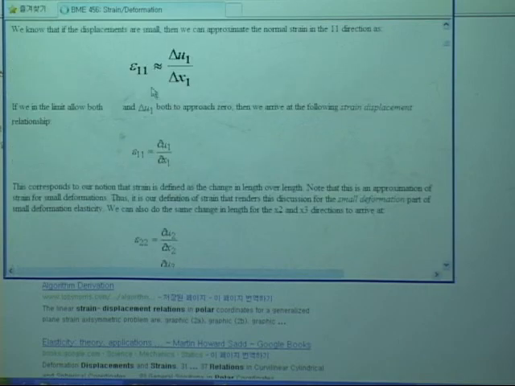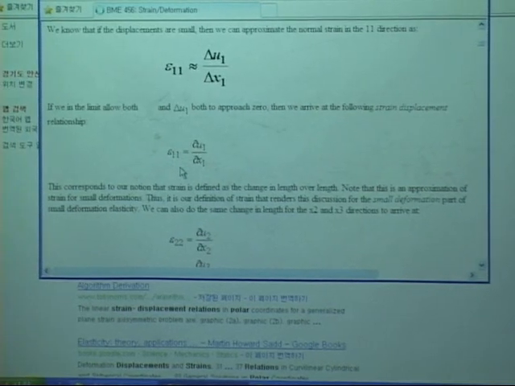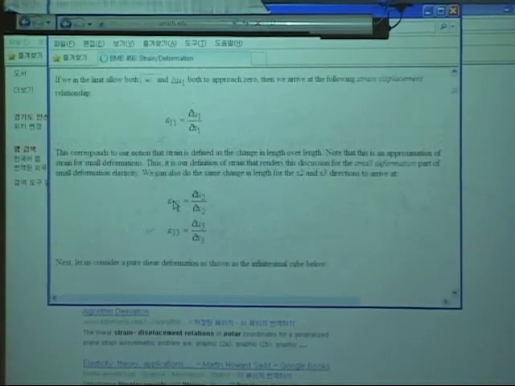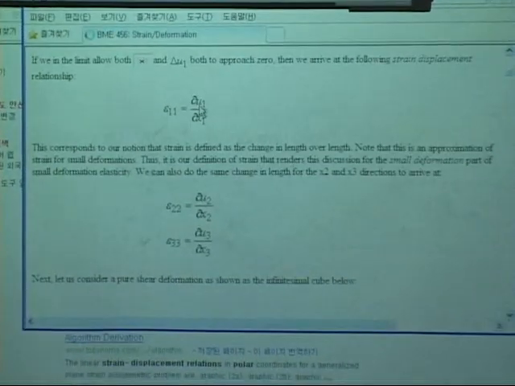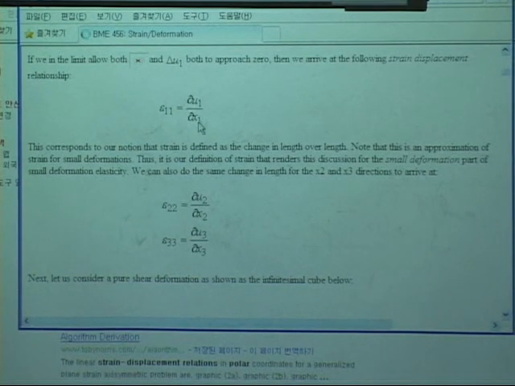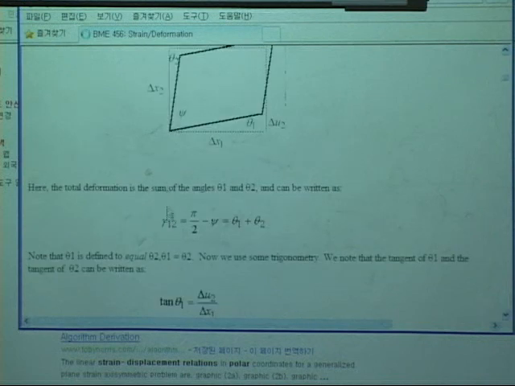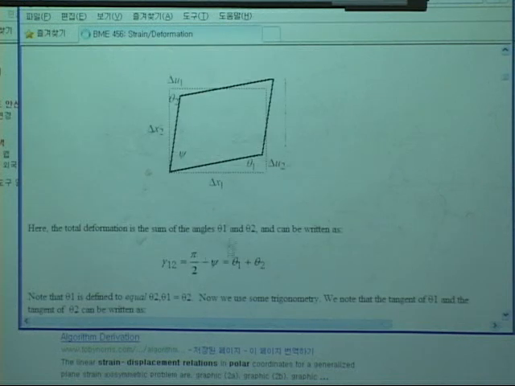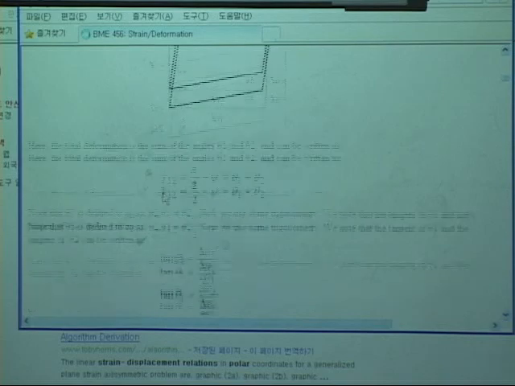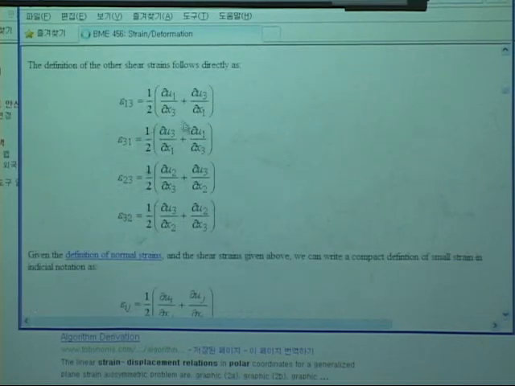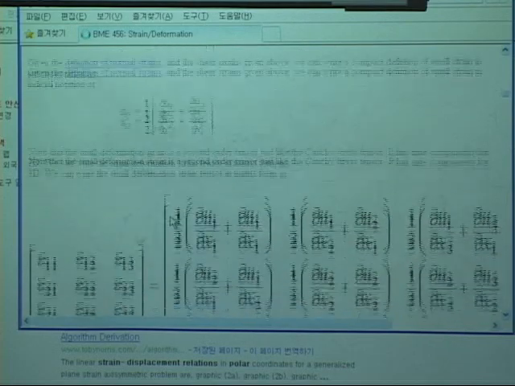Well, again, this is the Cartesian coordinate, epsilon 1,1, 2,2, and 3,3, and simply displacement with respect to the same coordinate, and the shear strain is simply adding those two angles, and those are all Cartesian coordinates, okay?